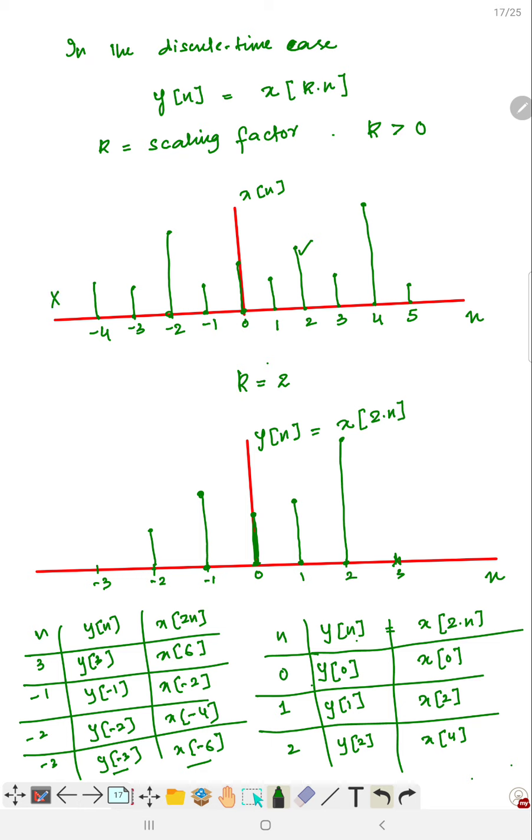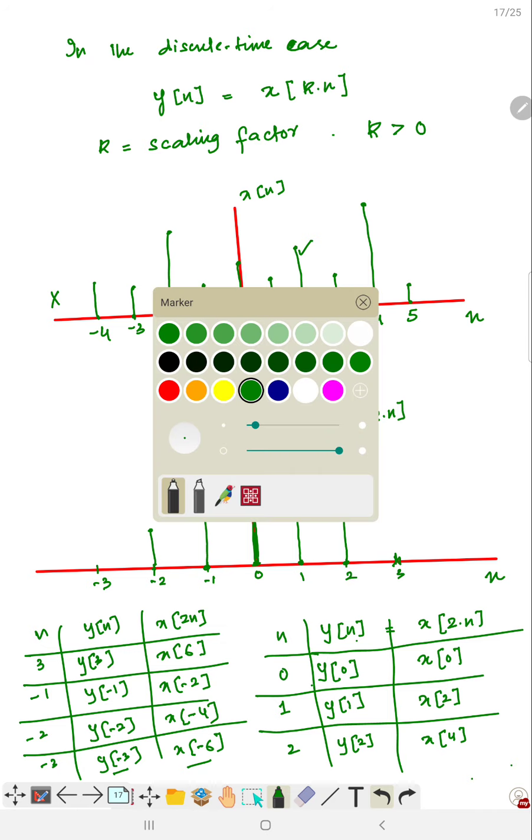So the clear-cut observation is that in the discrete time case, if your scaling factor is greater than 1, you will lose some samples. Fine. So let me put it out here.